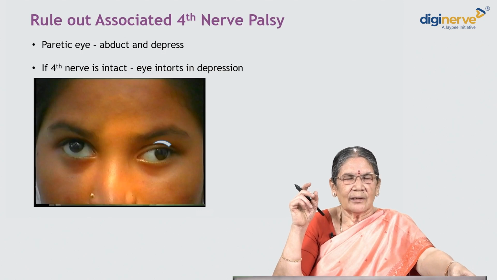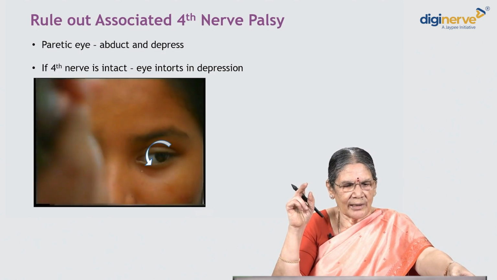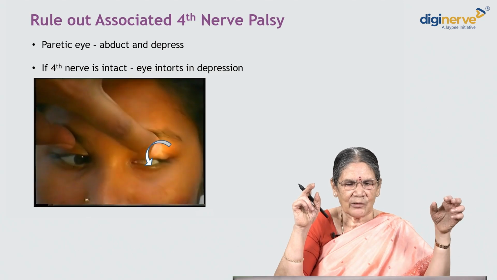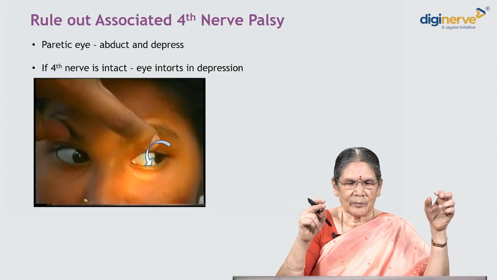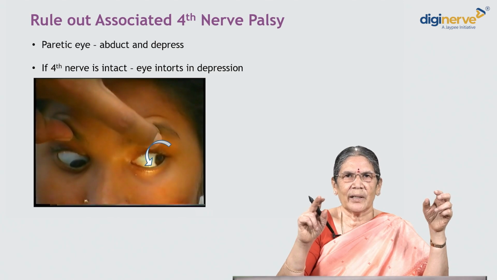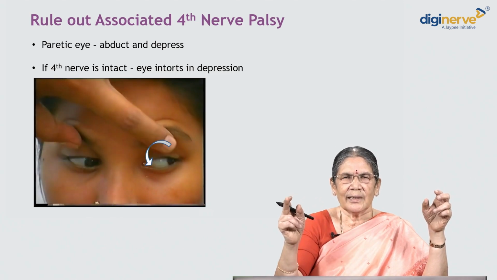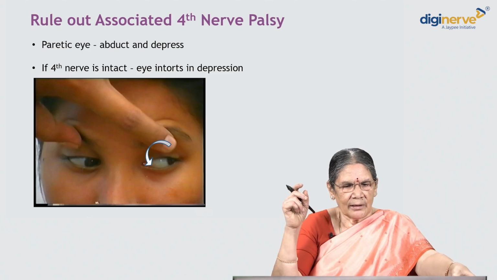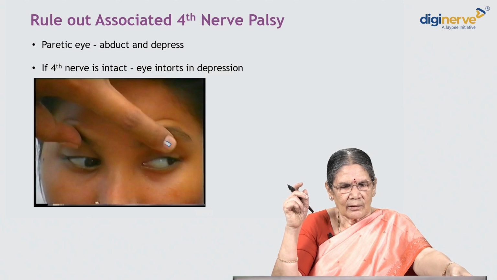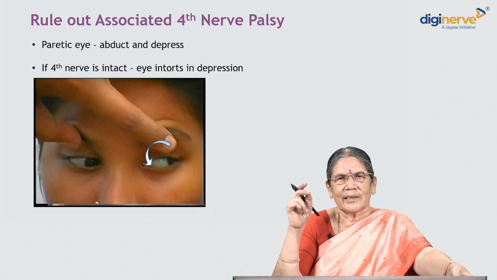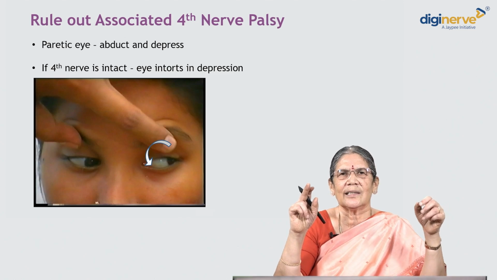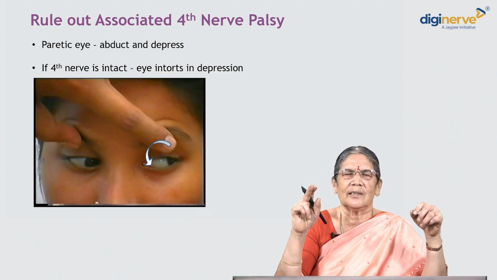So, how do we distinguish the involvement of fourth nerve palsy? As you see here, ask the patient to abduct, and then after abduction ask them to look down. That will show us the intorsion. Just look carefully, it will intort. You can use some identity such as a vessel noted in the limbus.